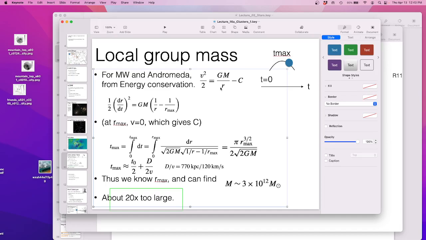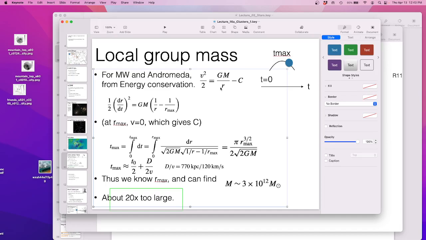equals, we'll do this integral, and he did it for us. It's just a u substitution, it's straightforward. You get pi times r max to the 3/2 over 2 root 2 GM. Right?